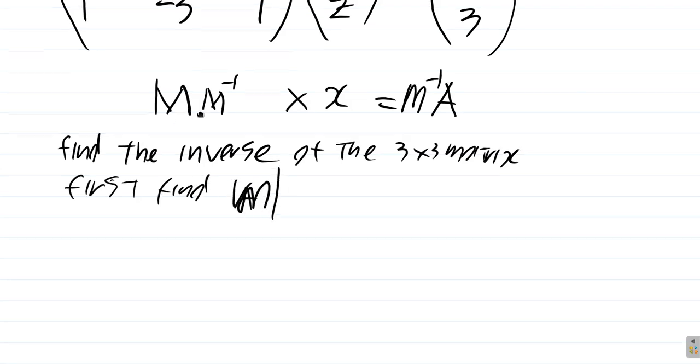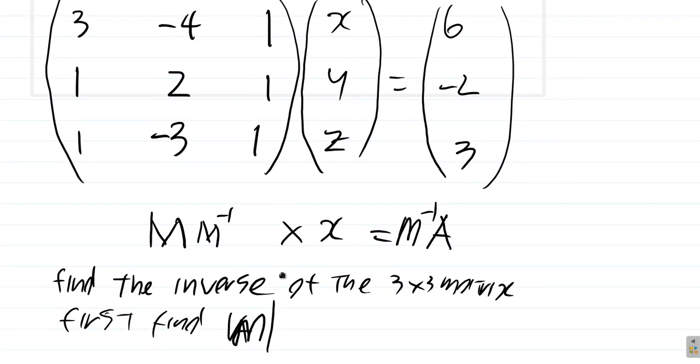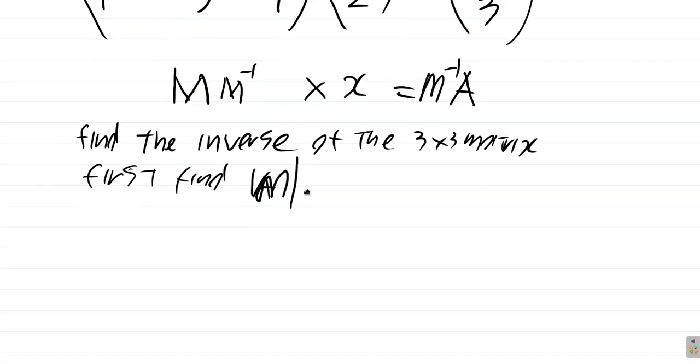Find the determinant of M, what we call M. This 3 by 3 matrix, we call it M. Right? You may see it in other videos, in notes and so on, it's referred to as A. But anyway, we're going to find the inverse, the determinant.